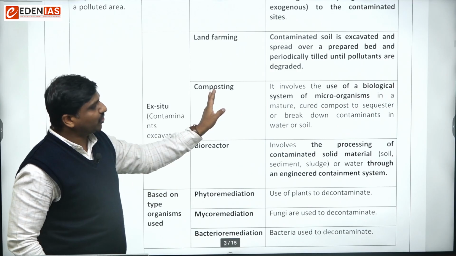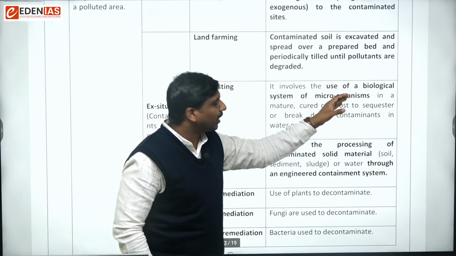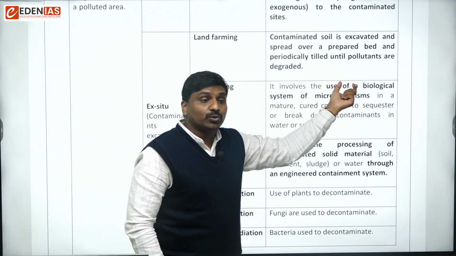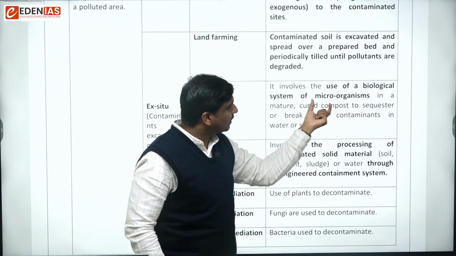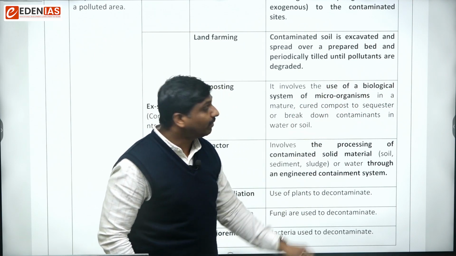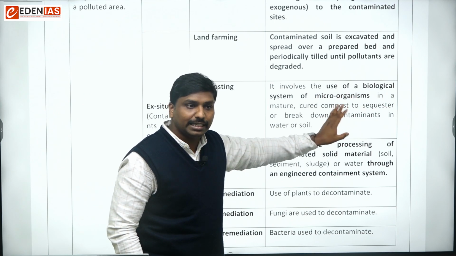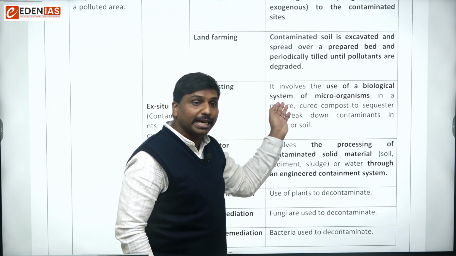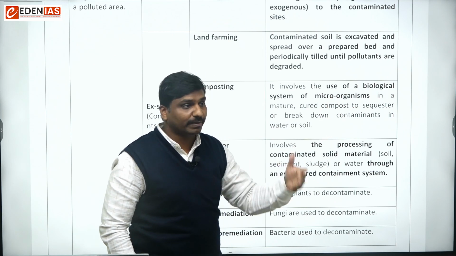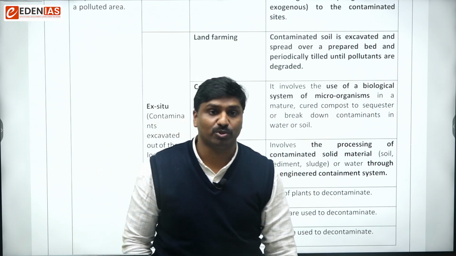Then composting. In composting, we have manures. We use biological systems of microorganisms, and we try to decontaminate the soils by adding things like manure. So usually that method is nothing but composting.